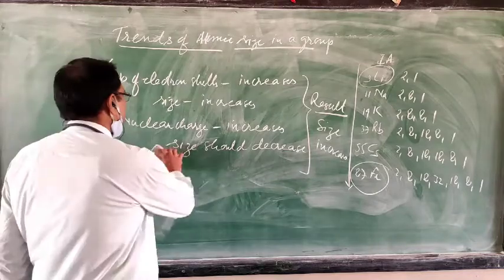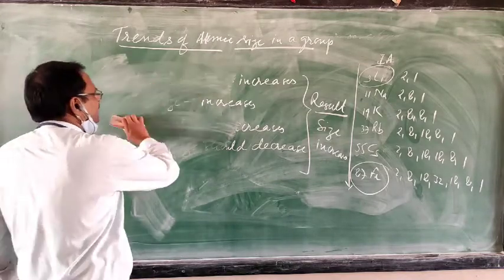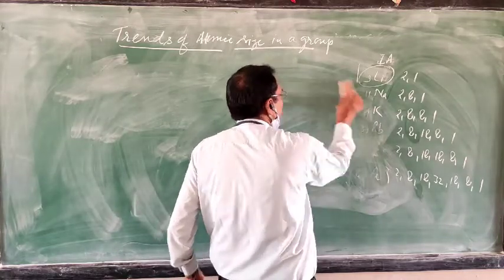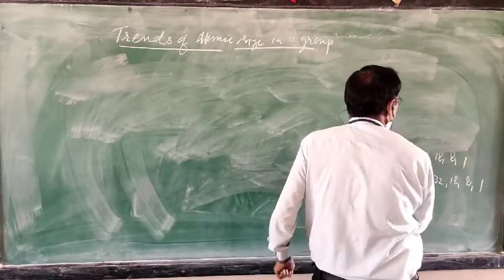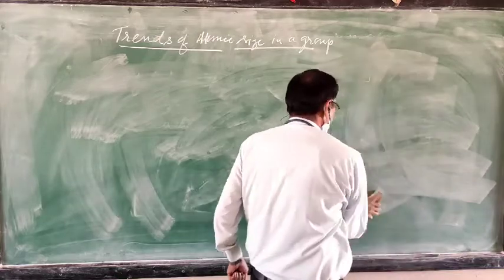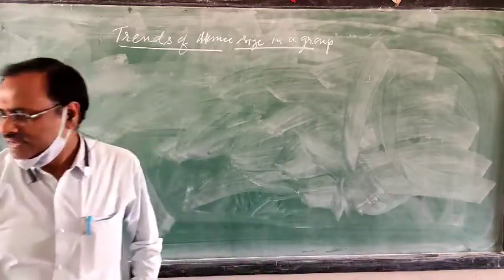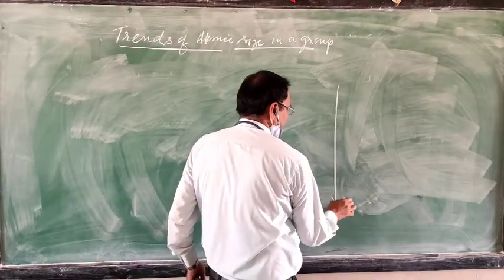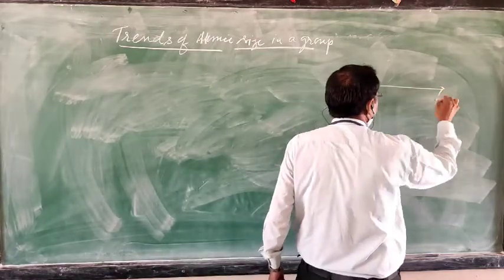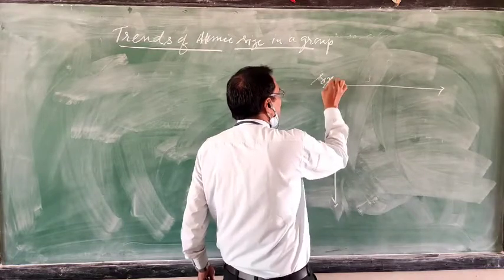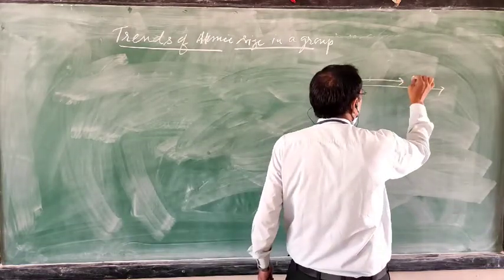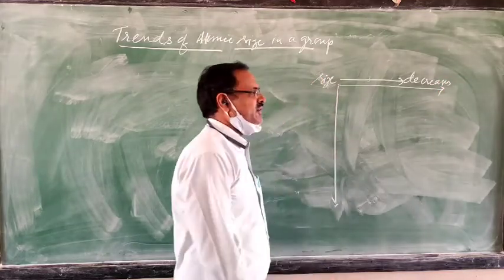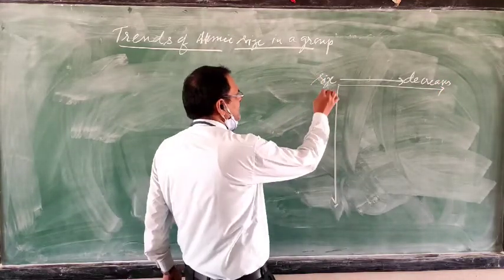Now you have studied, so just see the full trend of atomic size when you move in a group from top to bottom and when you move in a period from left to right. This represents the group, that represents the period. So the size here decreases. When you move in a period from left to right, size decreases.